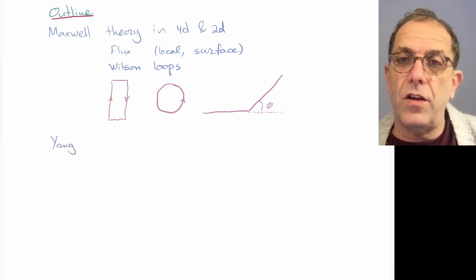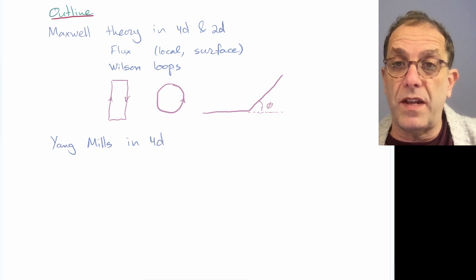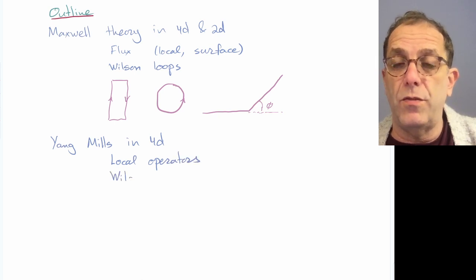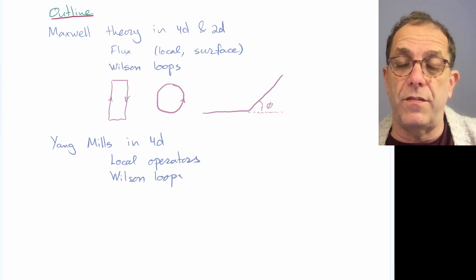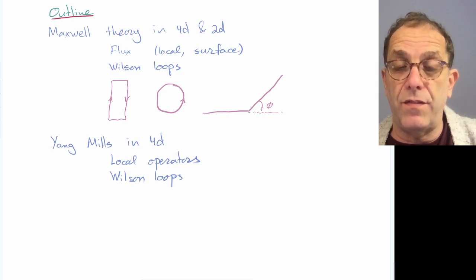I will then talk about Yang-Mills in 4 dimensions, which of course is a much more complicated theory, and I will define gauge invariant local operators. I will define the Wilson loop, which is much more complicated to define in 4D, and we'll discuss properties of these same Wilson lines as above.